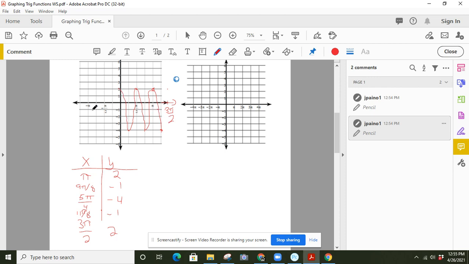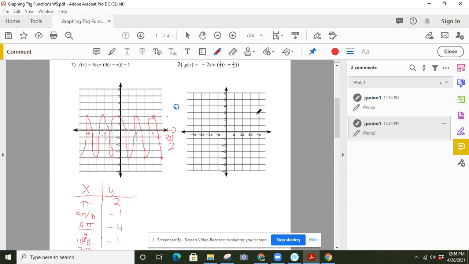Okay, so it'll go all the way over here. So every pi halves, you can see that it repeats the cycle. So every pi halves, it should be up here at a max of 2. Okay, and then our mins are halfway between that. So the graph should look like that. Hopefully a little bit neater on your end.